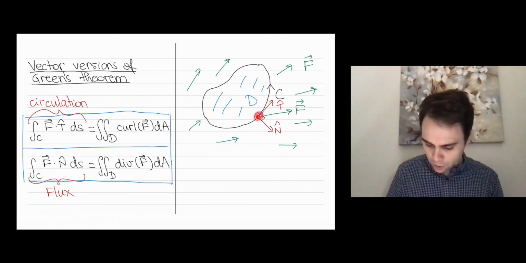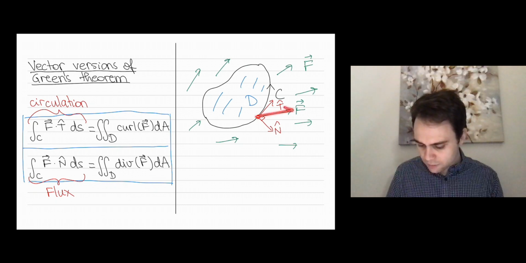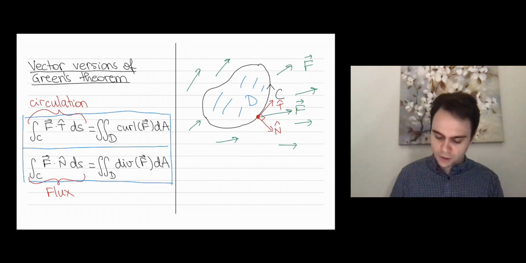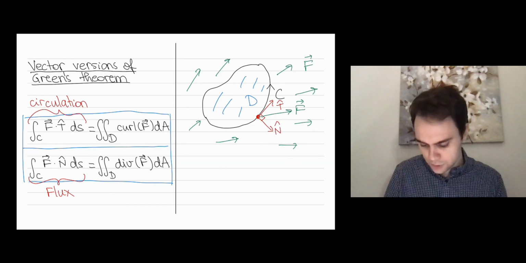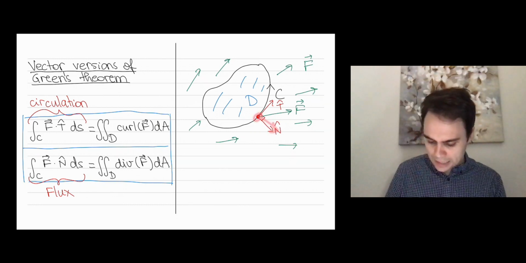We're going around the curve, and then we take F and we ask, is it pointing in or out, and by how much? We do the dot product with N. This number, this length over here, is a measure of how much the fluid is leaving or entering the region at that point.